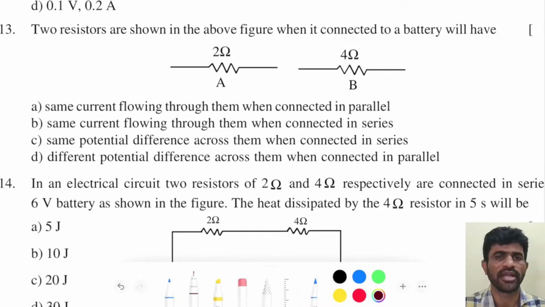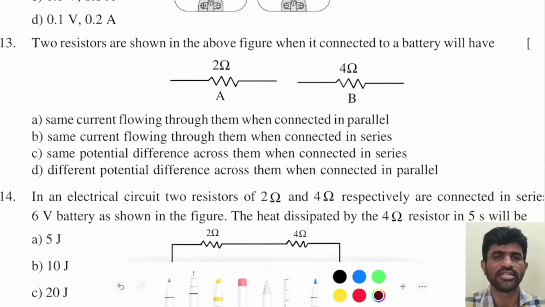The options: same current flows through them when connected in parallel; same current flows through them when connected in series; same potential difference across them when connected in series; different potential differences across them when connected in parallel.